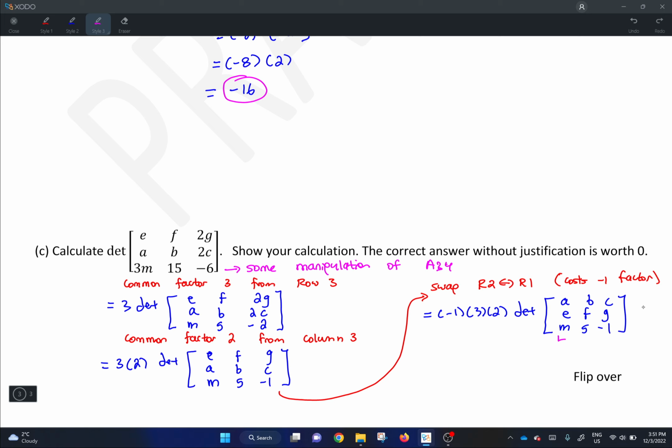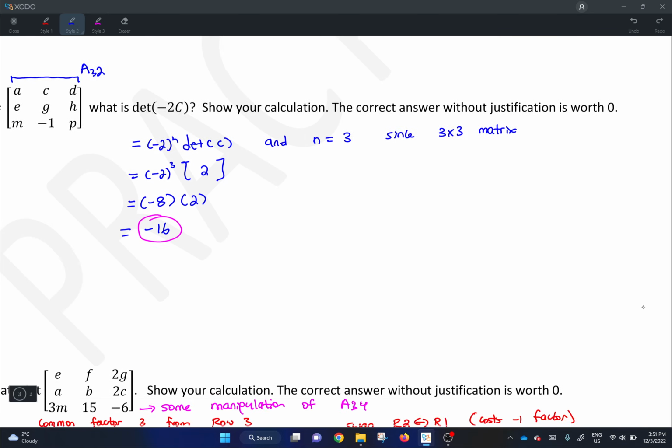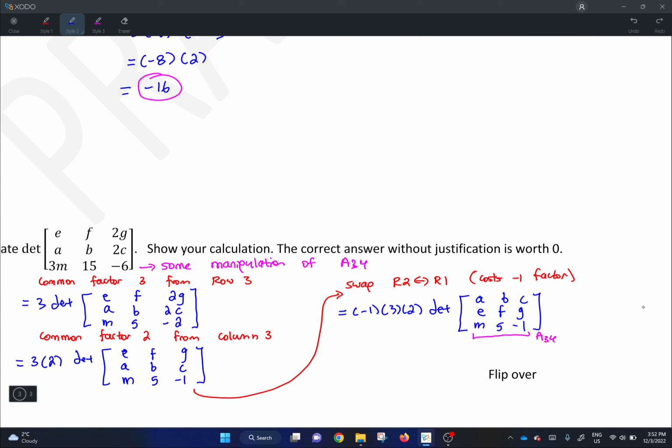And now that's A34. And the determinant of A34, if I remember, is 5. All right. So we're going to have negative 6 times 5. So the answer is negative 30. All right, that's the last question.